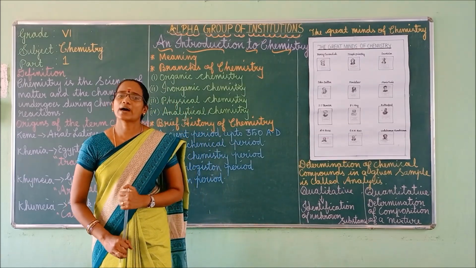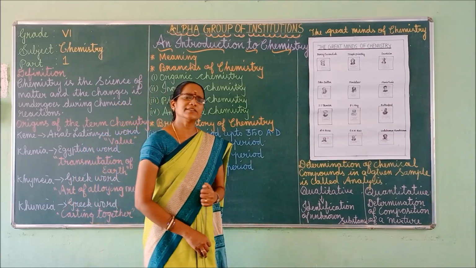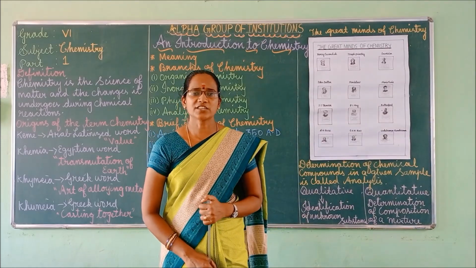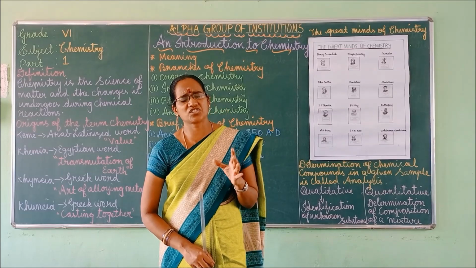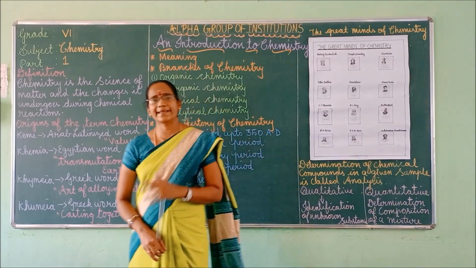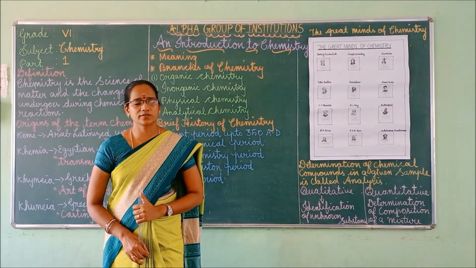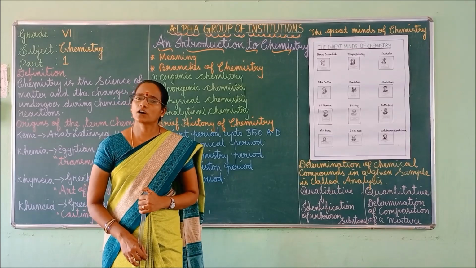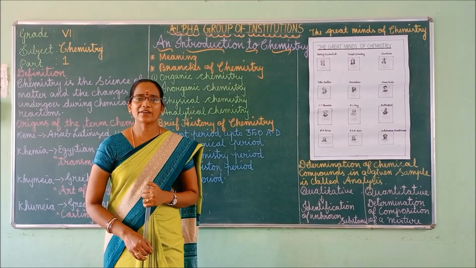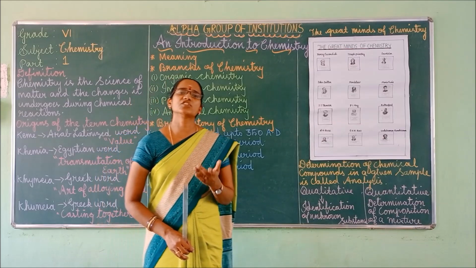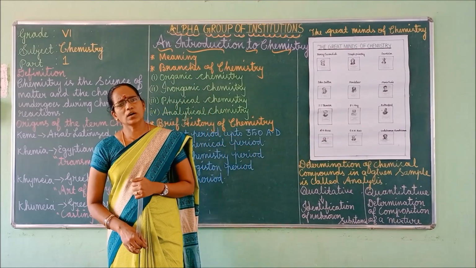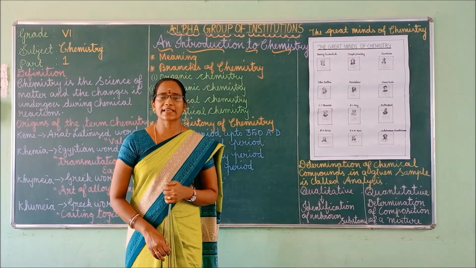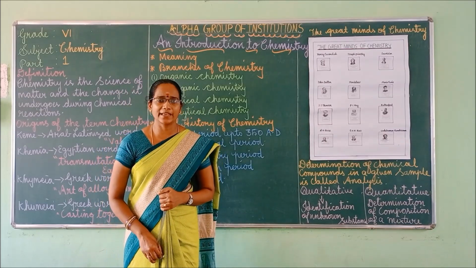Next one is about ions. Ions means what? Atoms or a group of atoms having a charge, positive charge or negative charge, are called ions. There are two types of ions. One is the cation, another one is the anion.